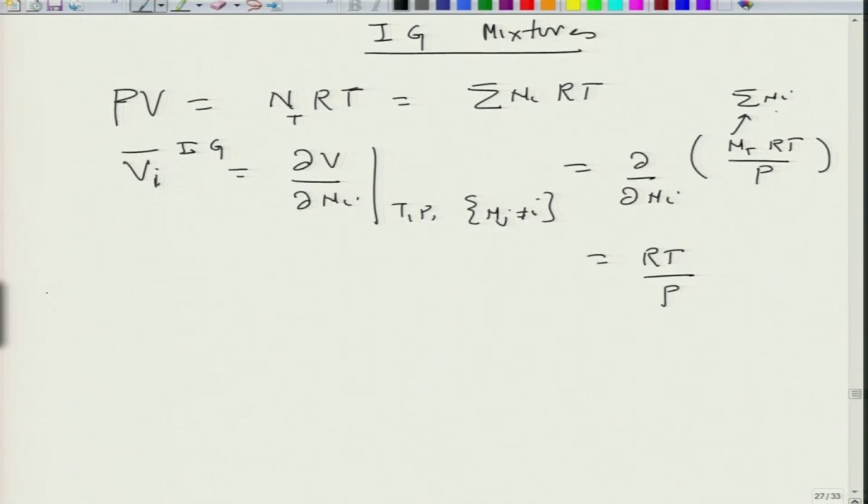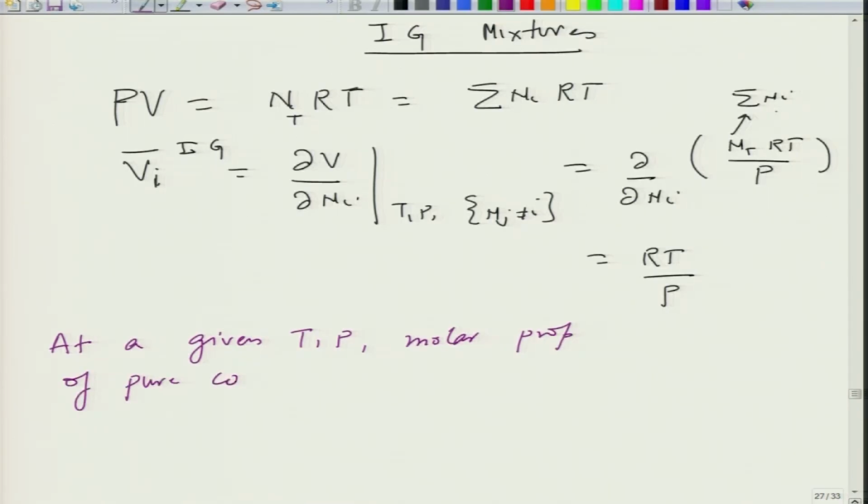Now, let us look at the case of the pure component ideal gas. At a given temperature and pressure, the molar property of pure component i in the ideal gas would be written like this.